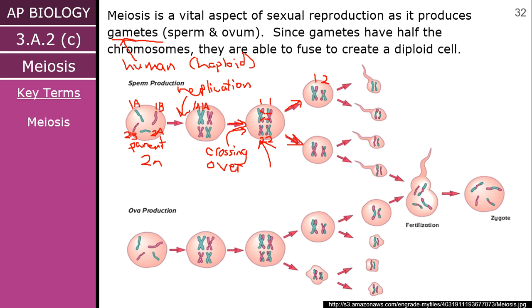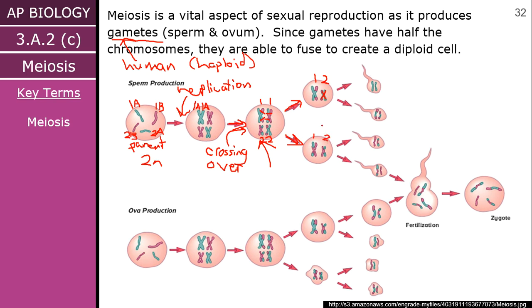And how many of 2? I only have 1. Now you'll notice that there are 2 little strands that make it up, but anytime they're still connected, we still consider that its own full chromosome. So that's still just one big chromosome. And down here, I only have chromosome 1 and chromosome 2.